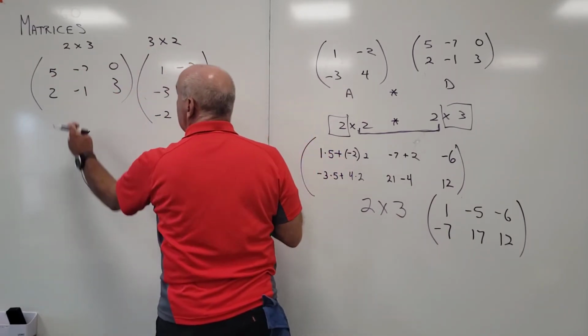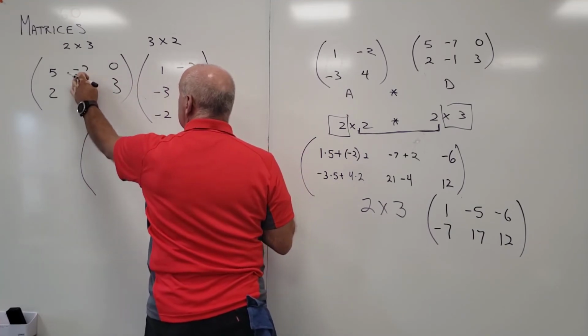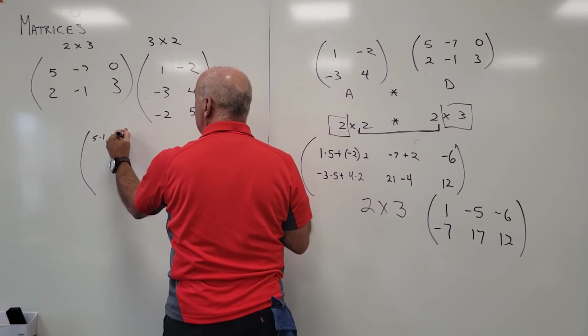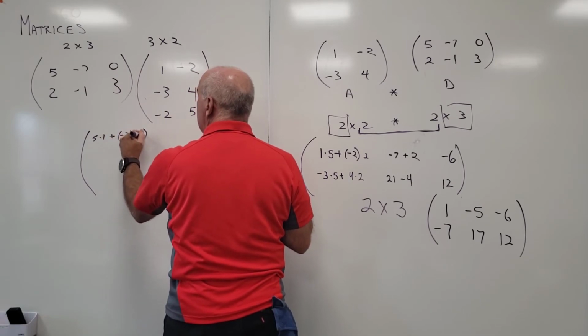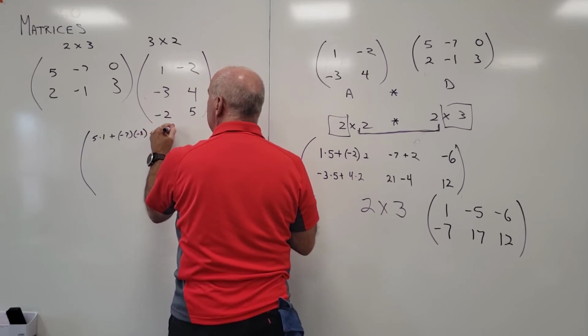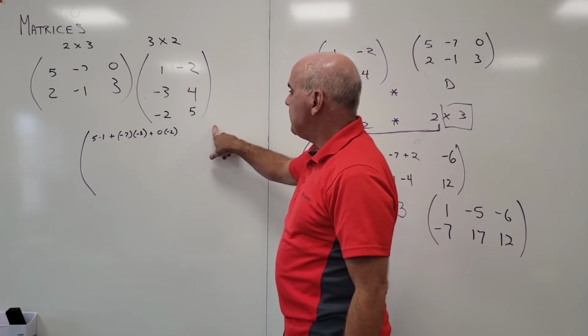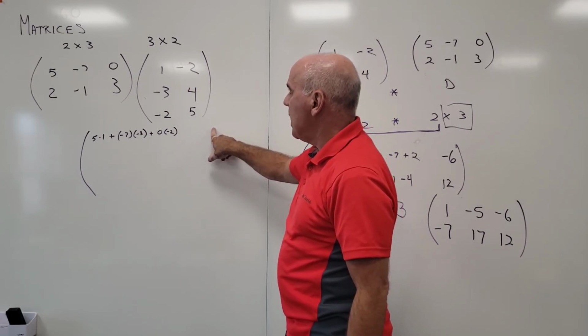So when I do this, I get 5 times 1 plus negative 7 times negative 3 plus 0 times negative 2. There's the first element. Let's go to the next element. That's row 1, column 2.